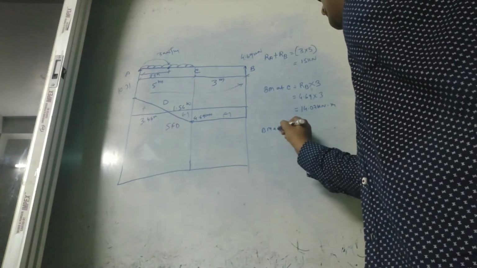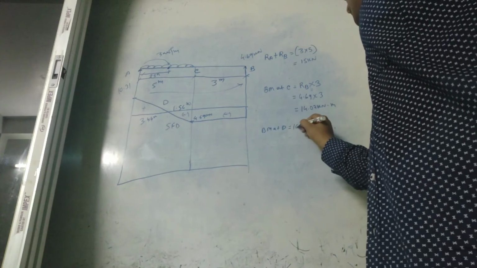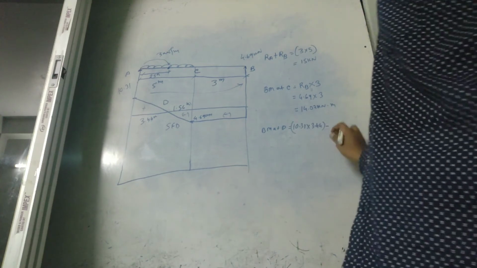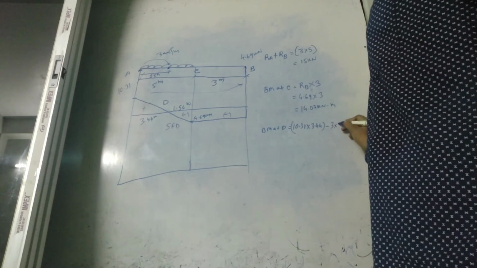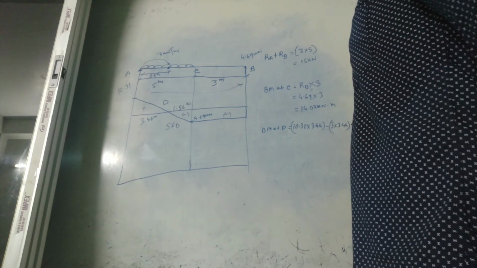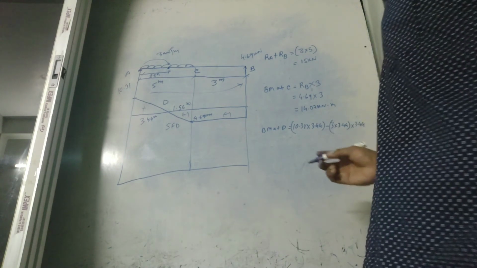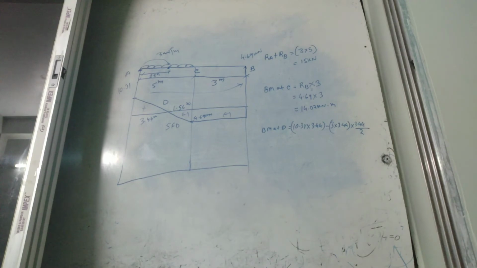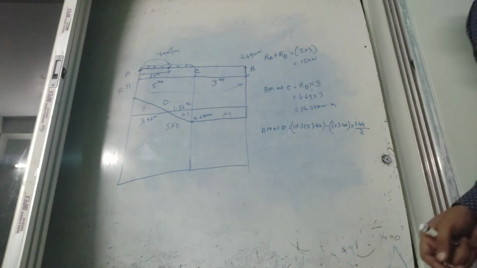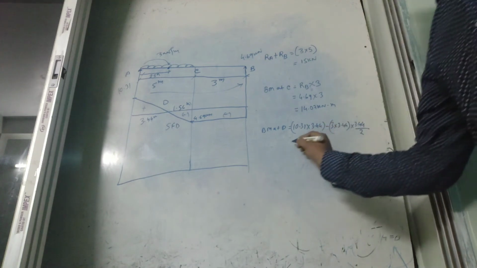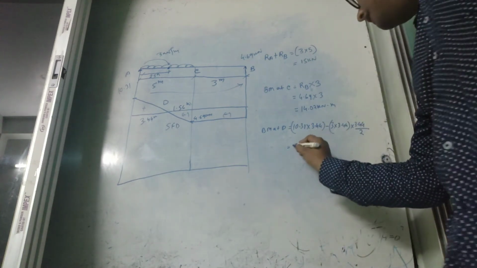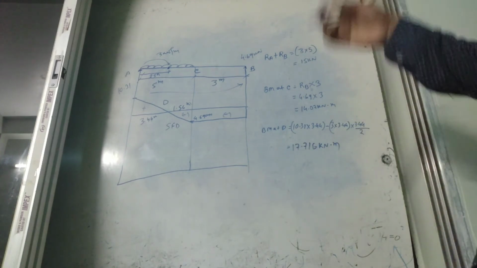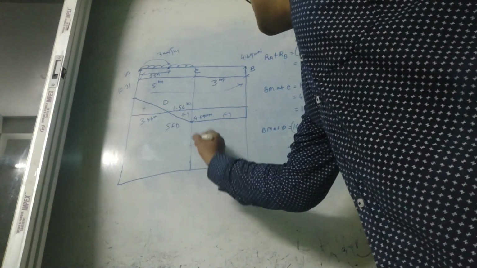BM at D equals RA, 10.31 into 3.44, minus 3 into 3.44 into 3.44 by 2, because I told you the area is half. So according to that, BM at D, our answer is 17.716 kilonewton meter.